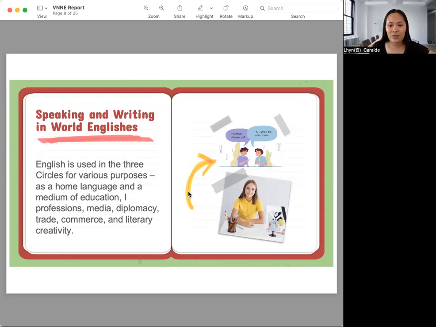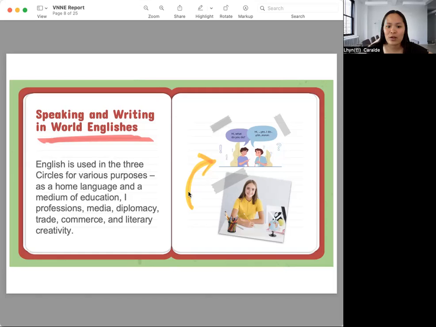The inner circle includes the countries where English is the first language, and then the second circle is the outer circle. Those are the countries where English is their second language, and then the last one is the expanding circle.